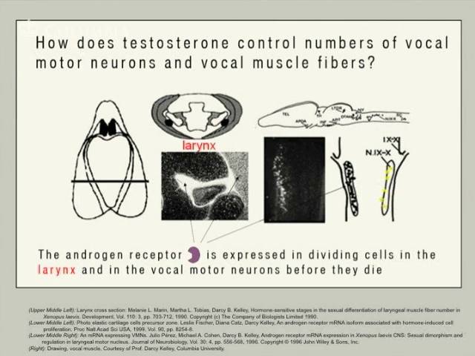The bright area in the middle here are the stem cells that are going to make cartilage. So stem cells in the developing vocal organ are extremely sensitive to hormone because they've got lots of the receptor. And out here, this bright area is the developing muscle.